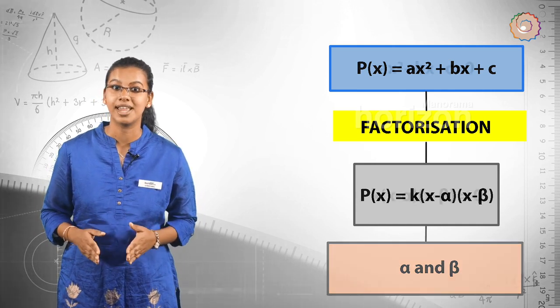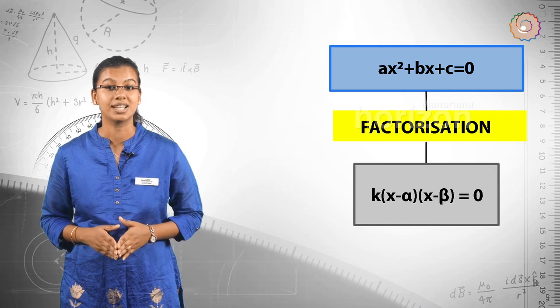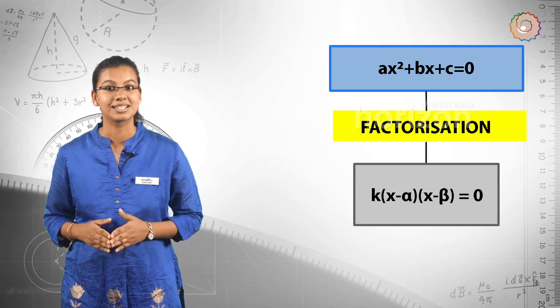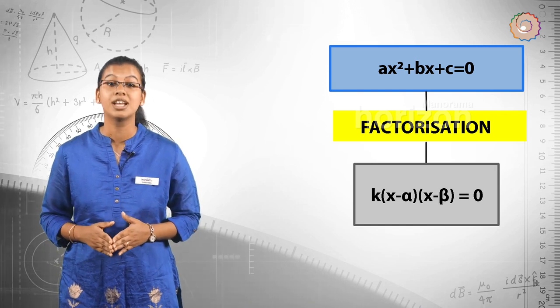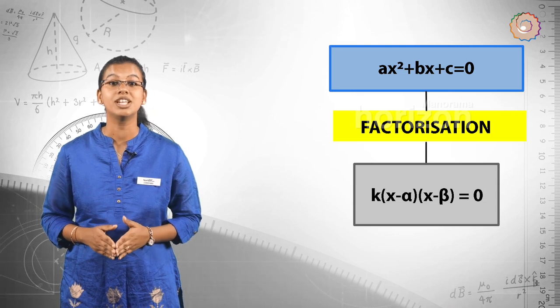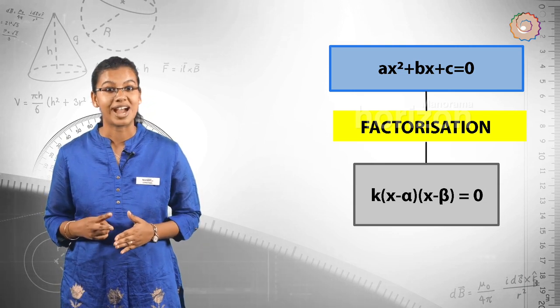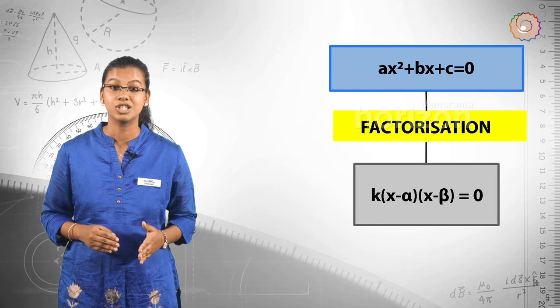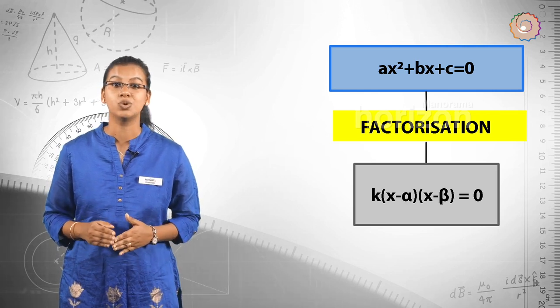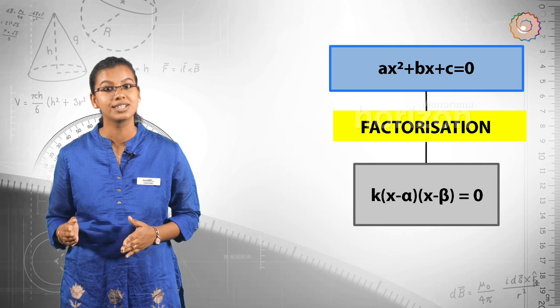In a similar way, for a quadratic equation ax² + bx + c = 0, to get the roots, at first we need to factorize by splitting the middle term to get 2 factors, that is k into (x - alpha) into (x - beta) = 0.